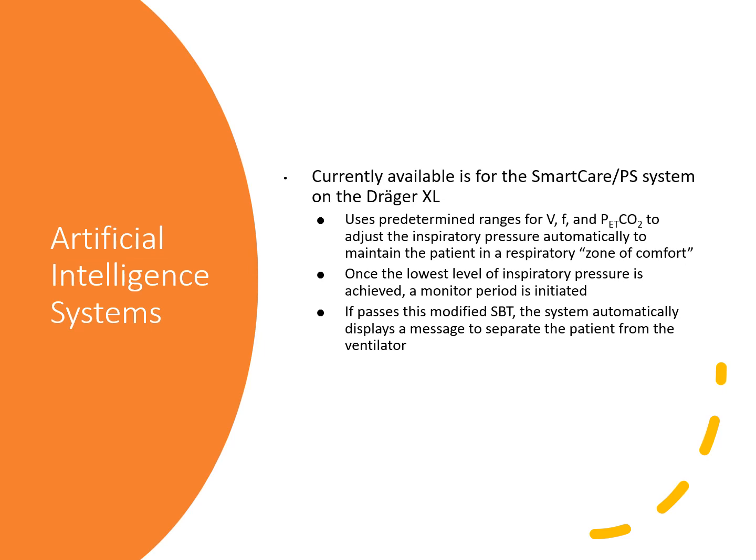So it's actually going to look at CO2 levels, which is something we haven't quite seen yet, to adjust their inspiratory pressure. And that will help maintain the patient in a respiratory zone of comfort, as they call it, right? So the patient's readiness for extubation is based on the predefined lowest level of inspiratory pressure.